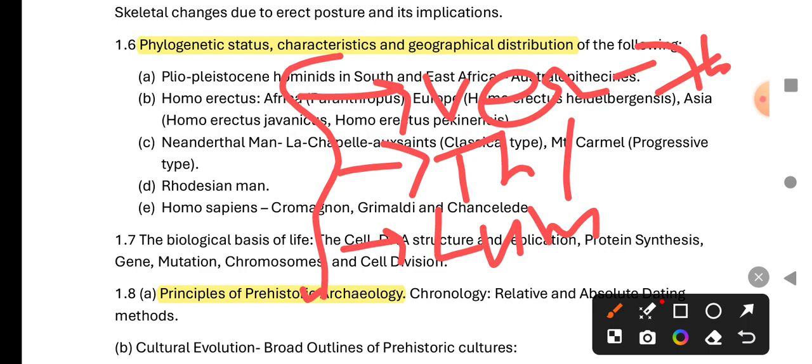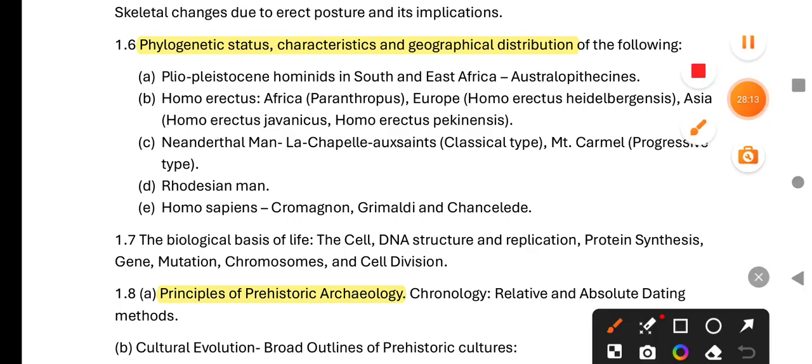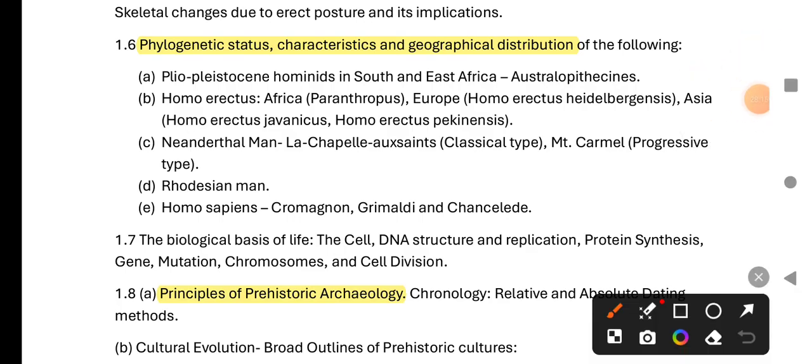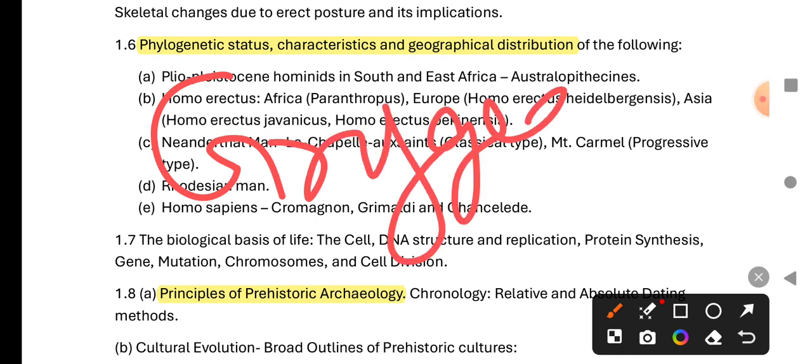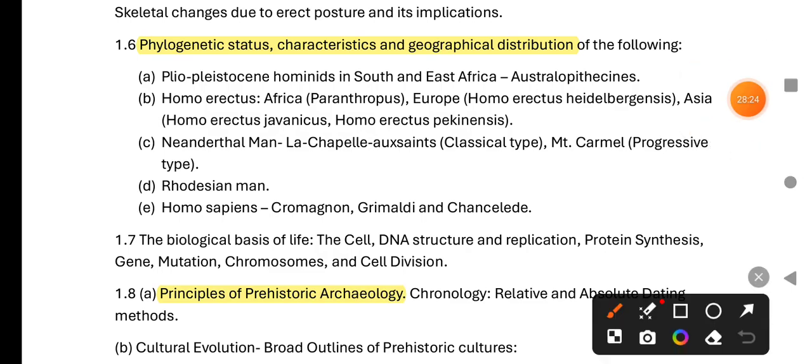And sacral, this is sacral. And next is the coccyx. You need to remember all these five parts of the vertical column.